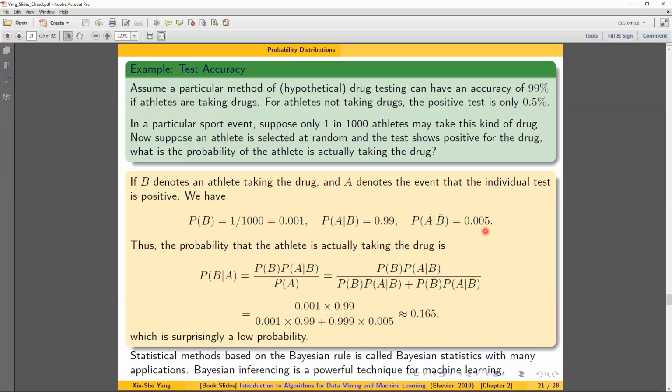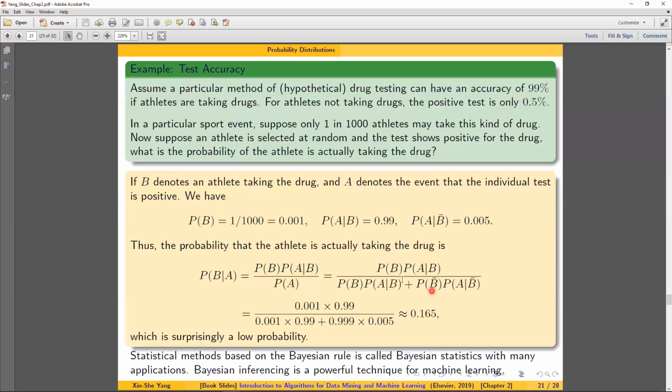Now, once we have these numbers, what we're trying to find is the probability that the athlete is actually taking the drug given the test is positive, which equals this expanded form with a complementary probability.